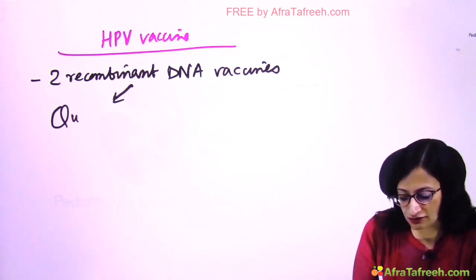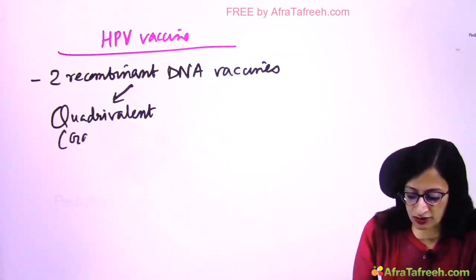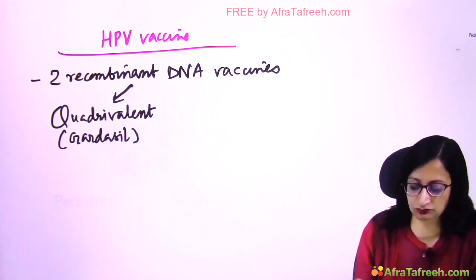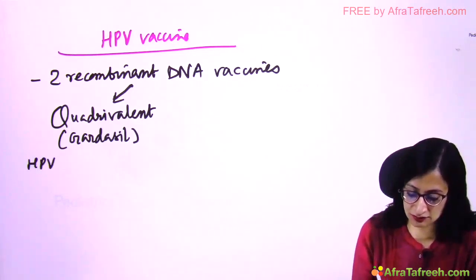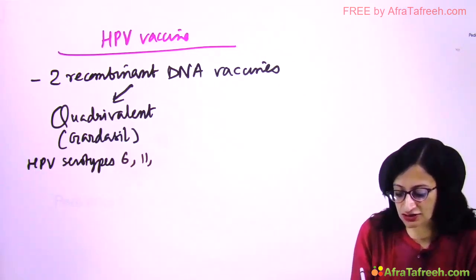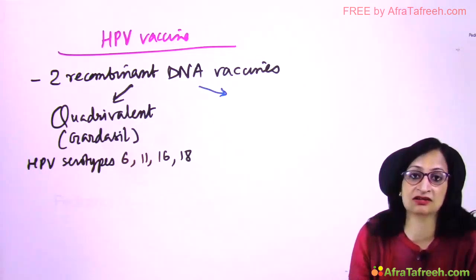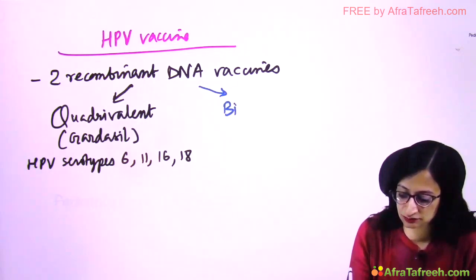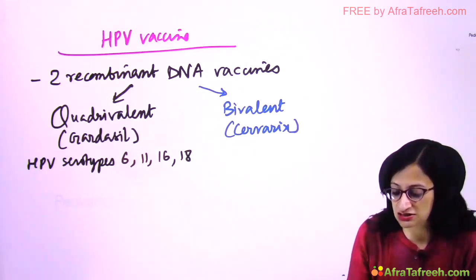One is the quadrivalent vaccine called the Gardasil, okay, which has the HPV strains 6, 11, 16 and 18, while another is the bivalent type or Cervarix, which protects against the strains 16 and 18.